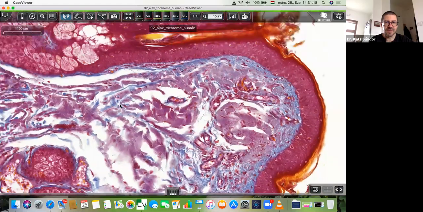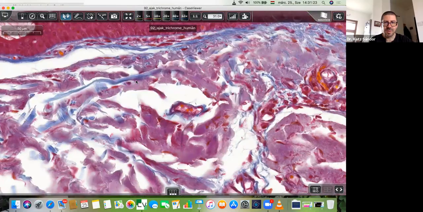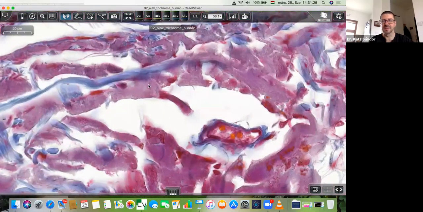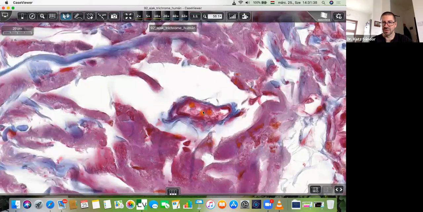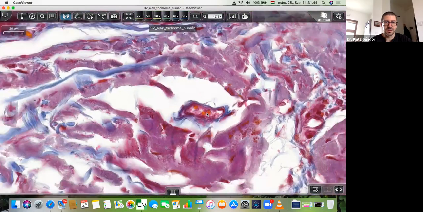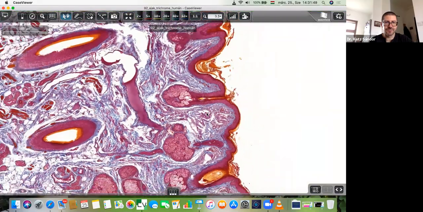So these purple and bluish structures are typically collagen fibers, and the nuclei appear in red color. So these are mainly fibrocytes. The red blood cells appear in orange color. So this is a small vessel, and here we have the red blood cells inside. Okay, now that was the cutaneous part.